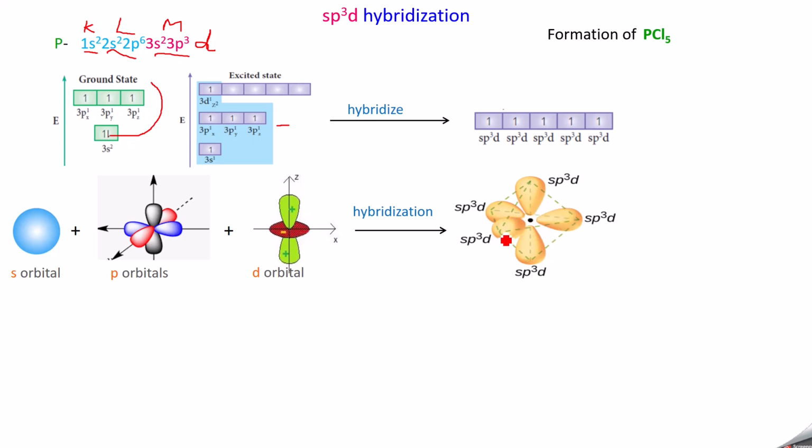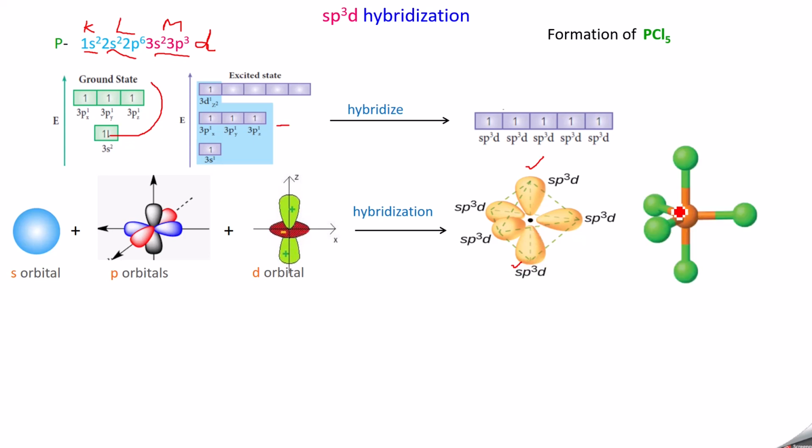They are oriented in such a way as to minimize repulsion. So you have this orientation. Three of these hybrid orbitals will be in one plane, and the other two hybrid orbitals will be perpendicular to this plane. That is, you have a triangle shape and these hybrid orbitals are perpendicular to this triangle.